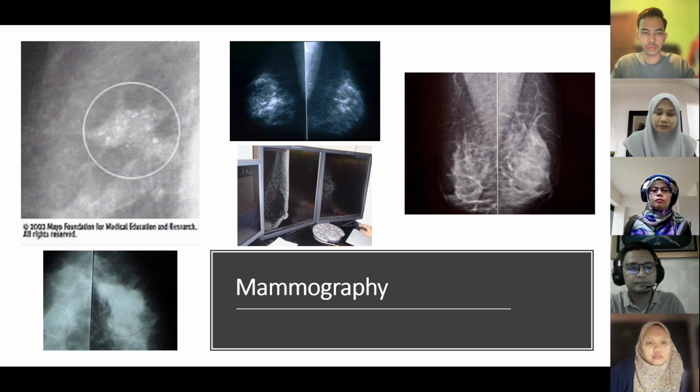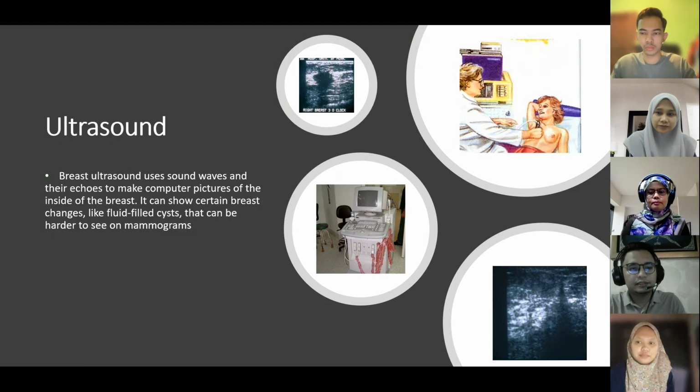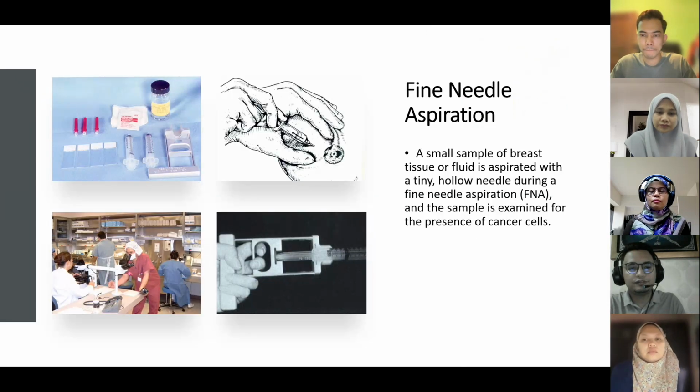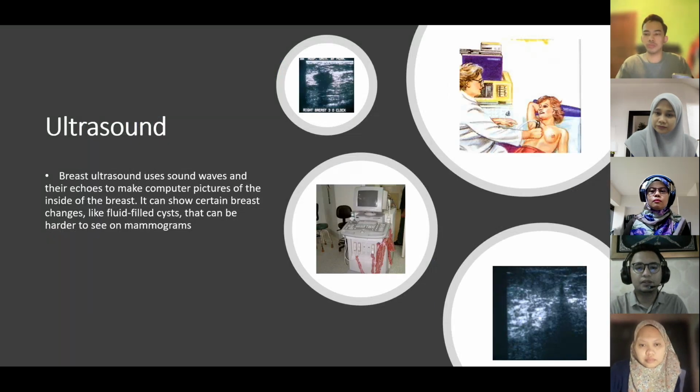Okay, next one. The next diagnostic test is ultrasound. Breast ultrasound uses sound waves and their echoes to make computer pictures of the inside of the breast. It can show certain breast changes, like fluid-filled cysts, that can be harder to see on a mammogram. So ultrasound is an alternative that can be used other than mammogram.